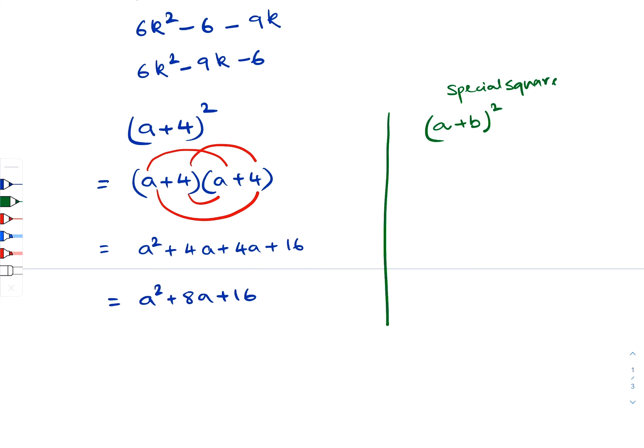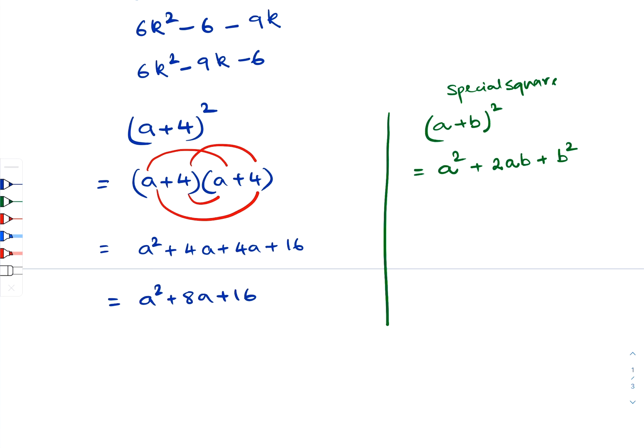If you have any two terms added together and the whole thing is squared, you can apply a formula which looks like this. You square the first term, then you take 2 and multiply it with the first term and then the second term, and then you add the square of the last term.